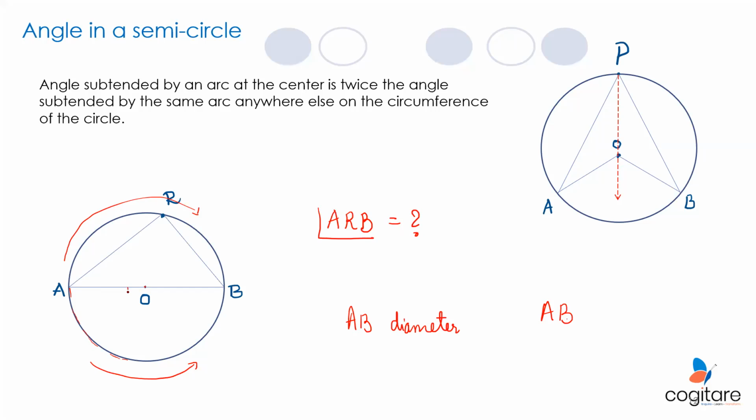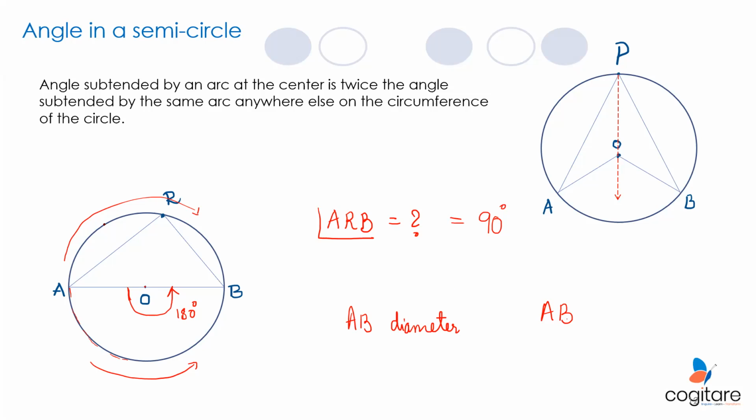Now, you know that AB, the diameter, is a straight line, so this angle is 180 degrees, right, guys? So going by this, the angle subtended by the arc anywhere else is half of 180, which is 90 degrees, or a right angle. Hence, we say that the angle in a semicircle is 90.